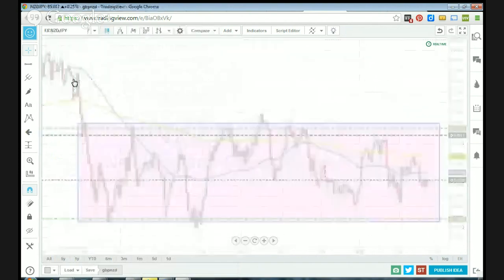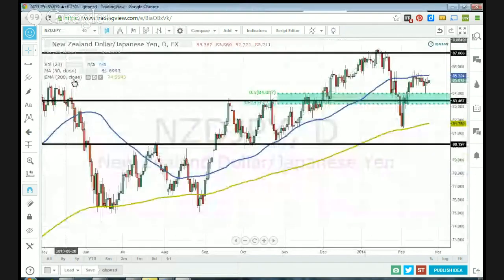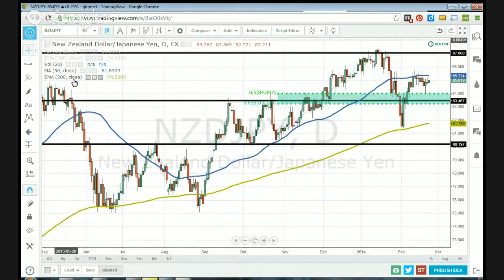Kiwi Yen. Okay, this is also a yen trade that we've been looking at, and I could see it going both ways, where you'd be interested in going long 83.46 or shorting here.